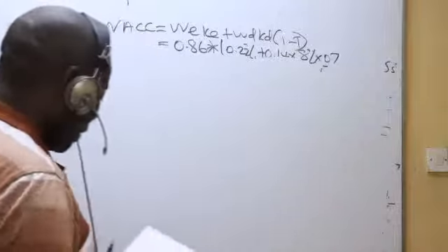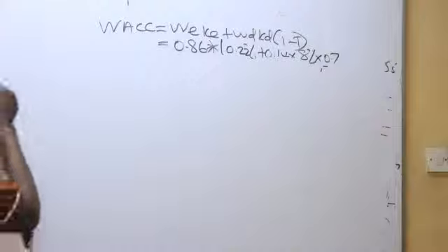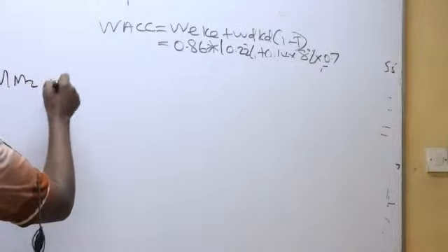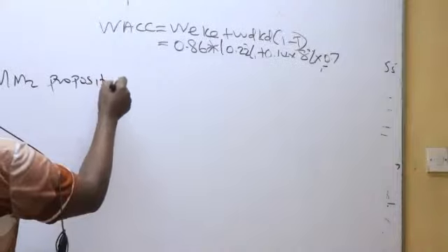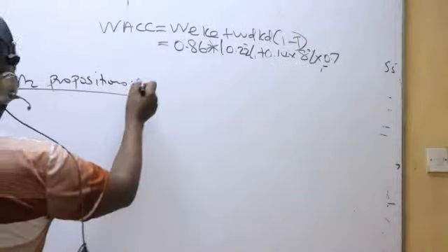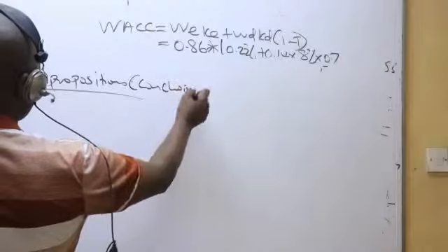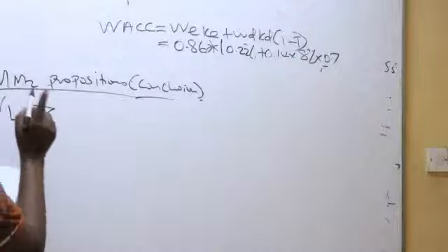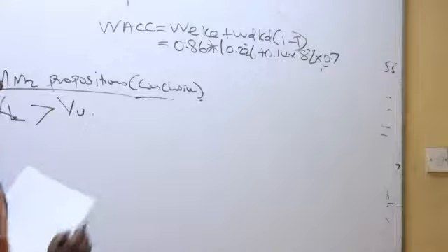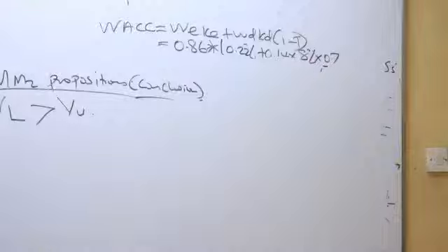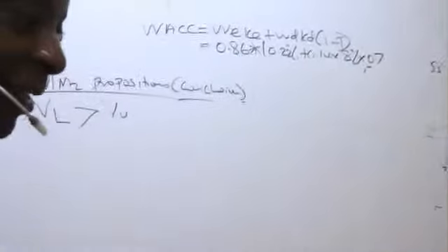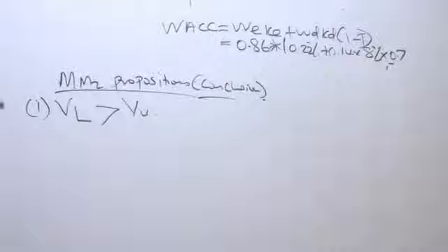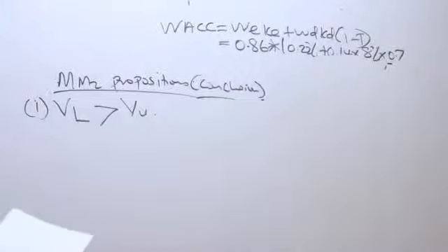Now there are things that I would want you to go to your exam knowing. This MM2 proposition is very important. The conclusions here, with tax, were: number one, the value of a levered firm will always be more than the value of an unlevered firm.